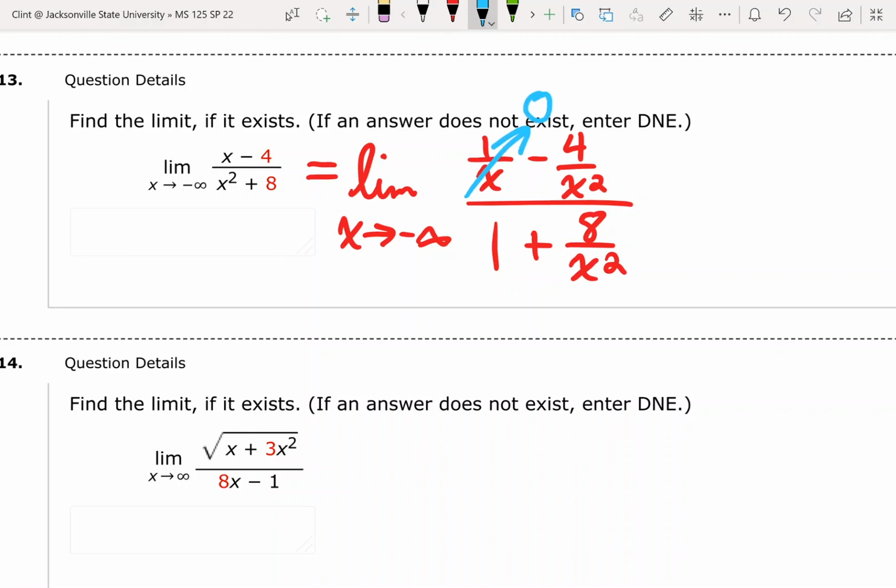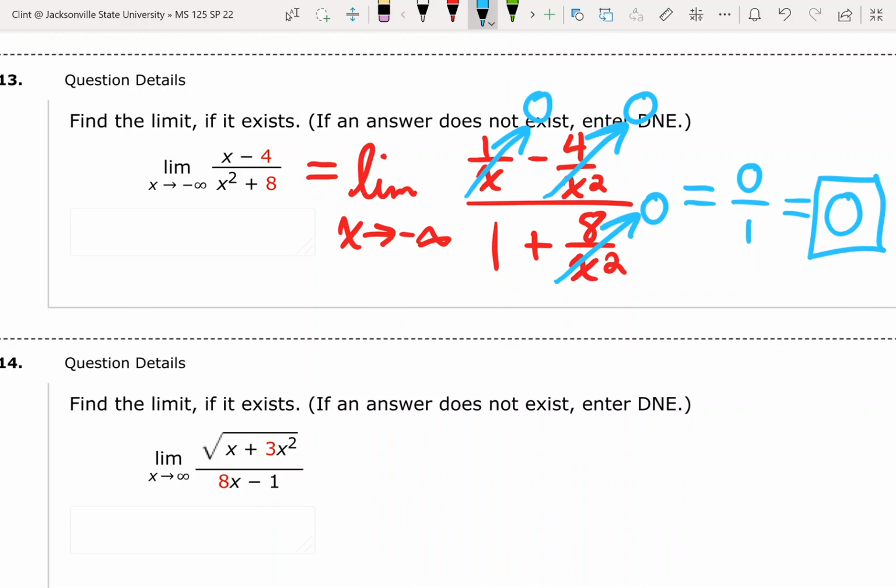There we get 0, 0, 0, so that's 0 over 1, which is 0 on that one. Okay.